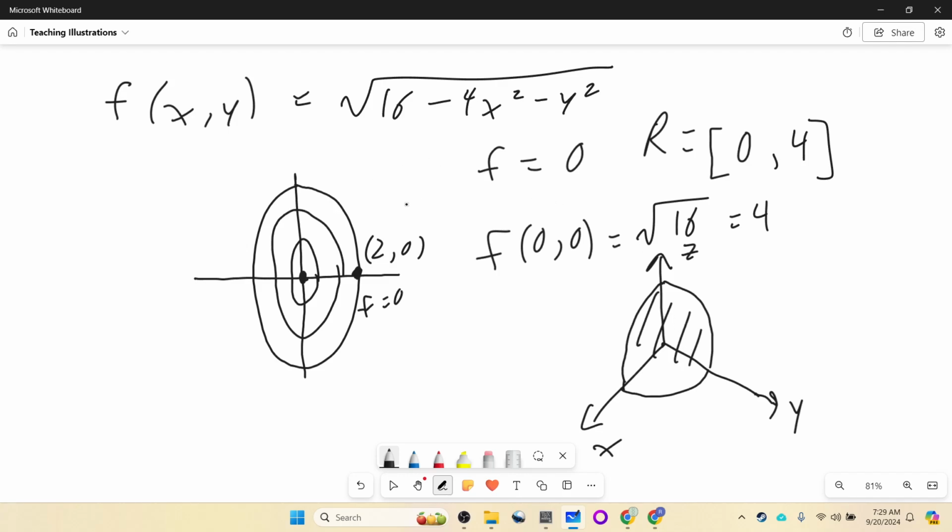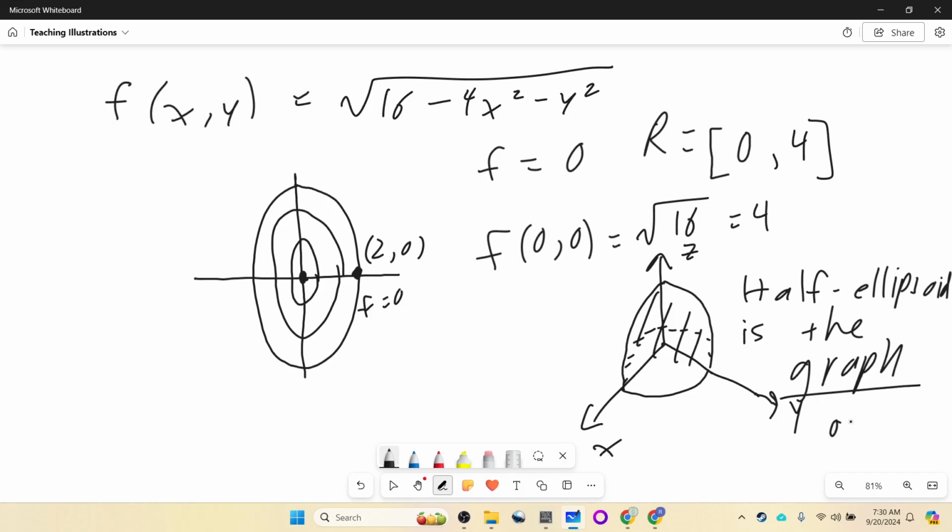If there were no square root there, we would graph the whole top and bottom part of this ellipsoid. But since there is a square root, we can only get positive values for z. So this half ellipsoid is the graph of f.